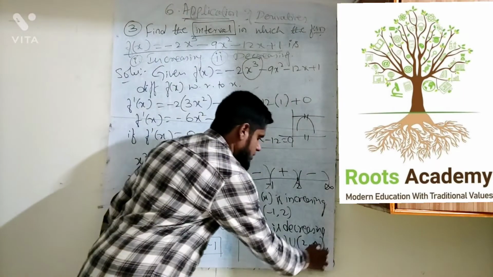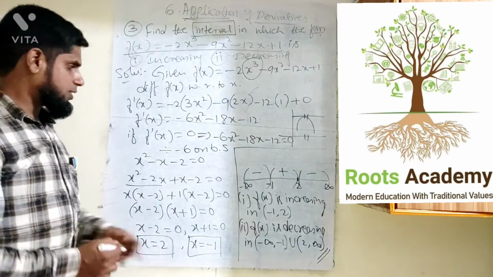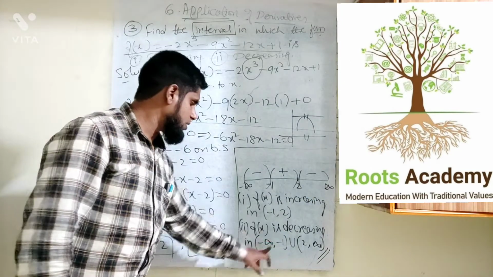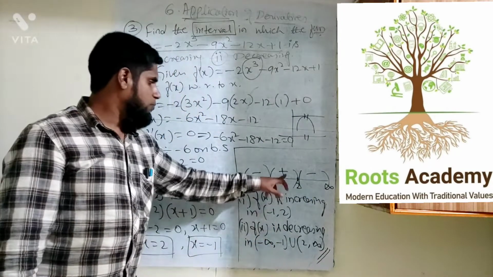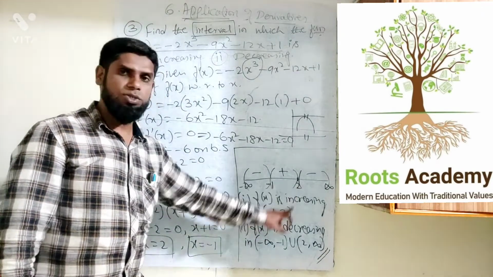This is the final answer. Because they are negative in two intervals, that's the reason decreasing in these two intervals. But positive in only one interval, so it is increasing in the interval -1, 2.